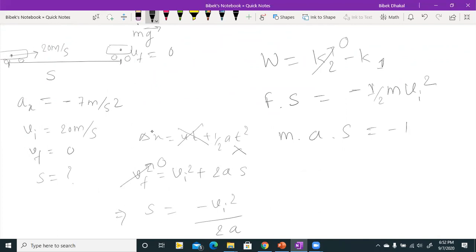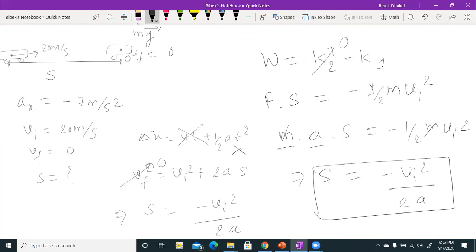And that's -half m v_i square. The acceleration is given, the mass is given, but the mass will cancel out, so you don't need the mass. So if you do the math, v initial square over 2a. So this is also a simpler way to do the problem. It's an alternative way to do the problem.